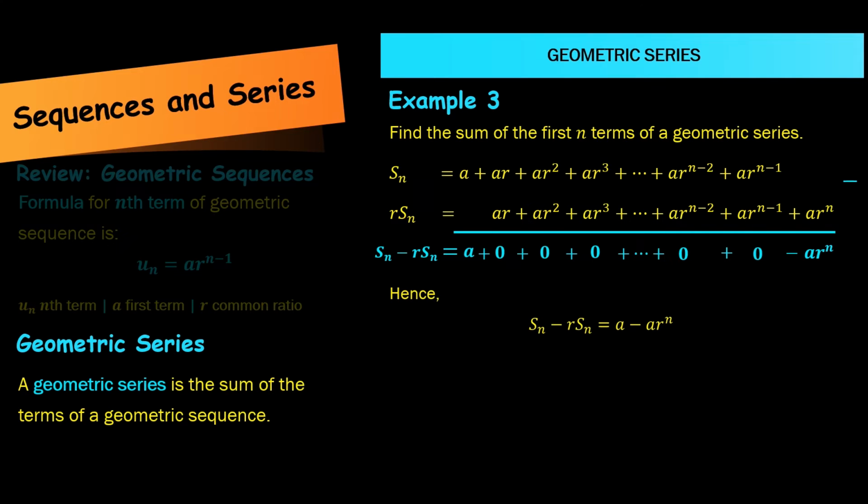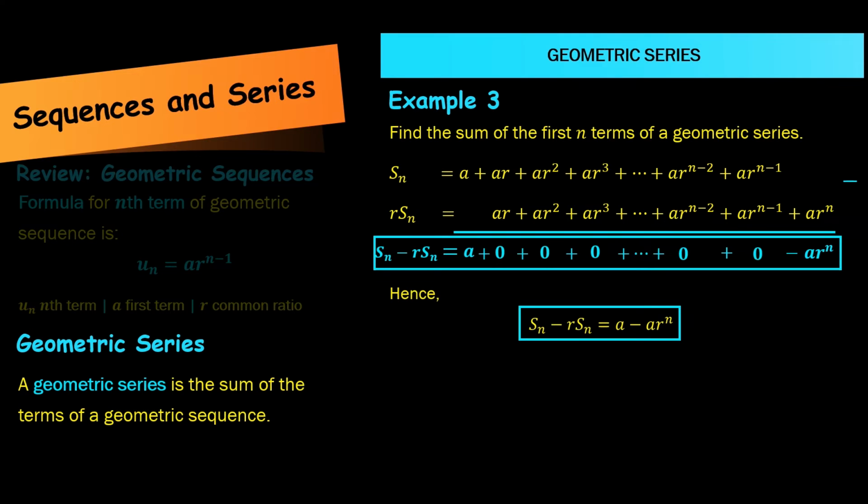We can tidy this up, as shown here, to obtain s subscript n minus r times s subscript n equals a minus ar to the power n.